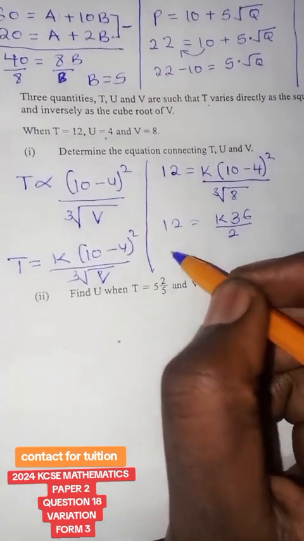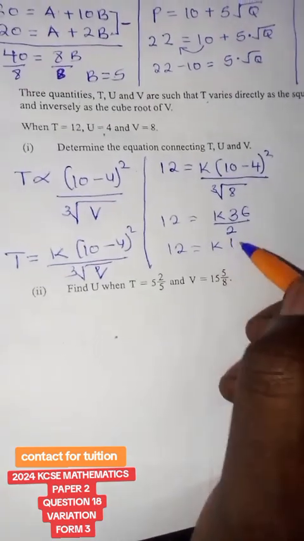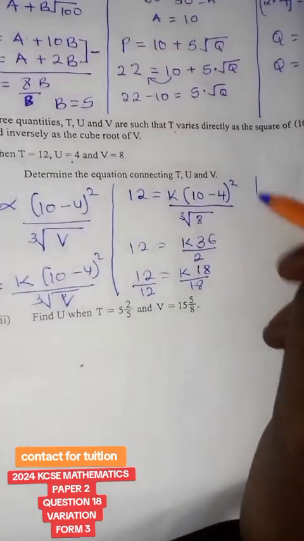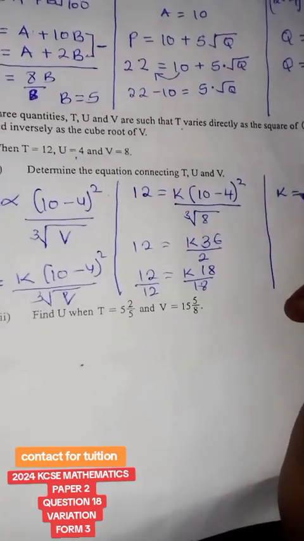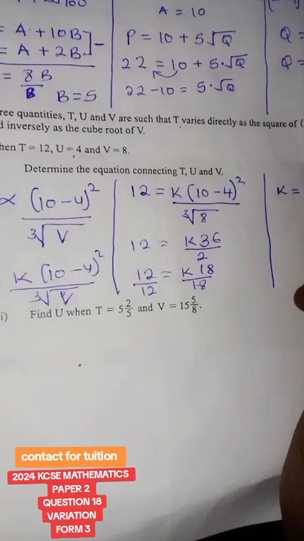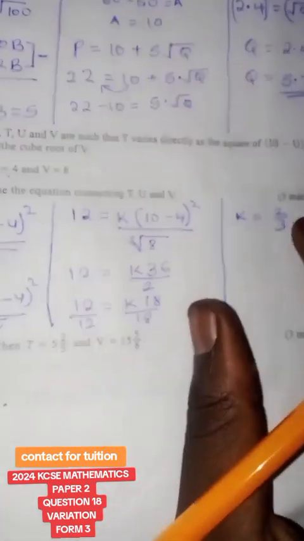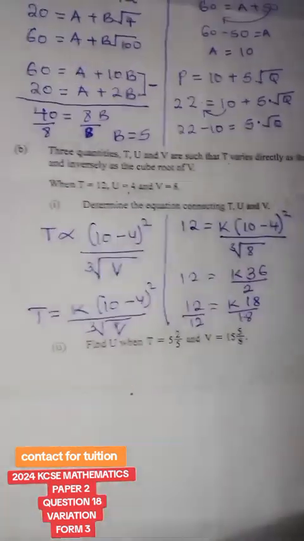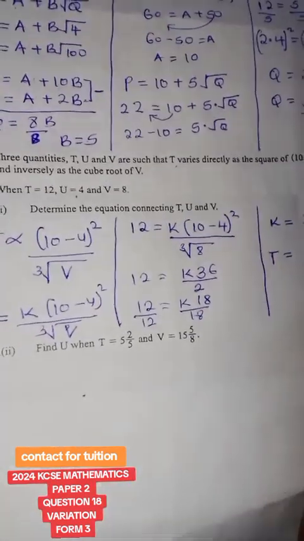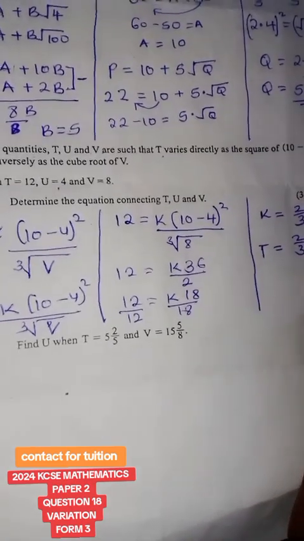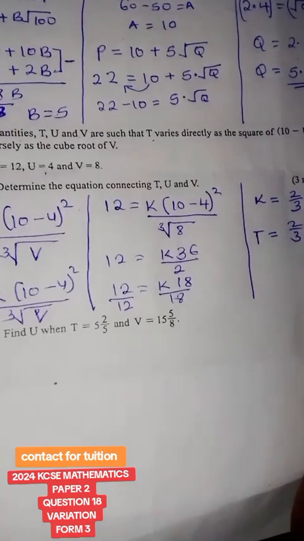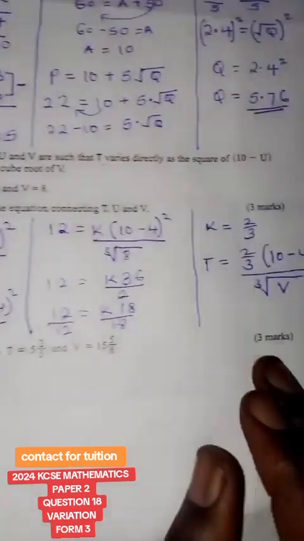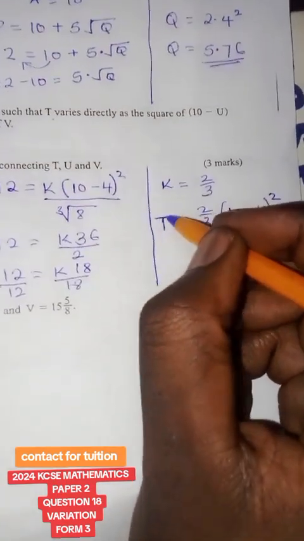So 12 is equal to K times 18. Divide by 18 on both sides, so that the value of the constant K is equal to 2 over 3. So we are told to determine the equation connecting the three variables T, U, and V. The equation will be T is equal to K, which is 2 over 3, into 10 minus U squared over the cube root of V. That is how the equation is supposed to be.